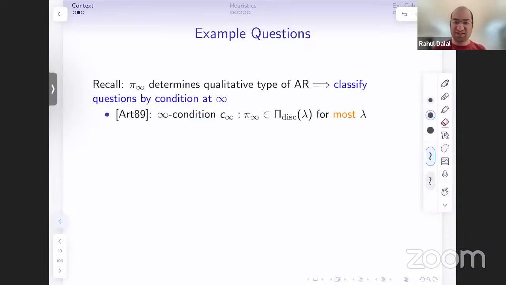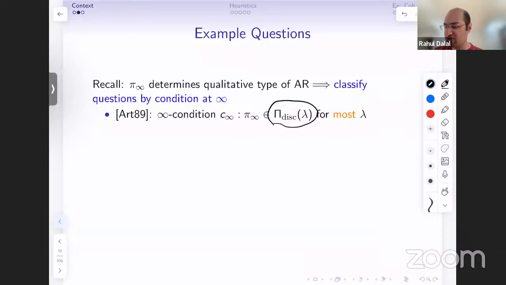Just to remind you again, in this Arthur '89 paper, this particular trace formula for discrete series at infinity, remember the discrete series were classified into these things called L-packets, finite sets parameterized by finite dimensional representations of the group at infinity. Our condition at infinity was that the component at infinity was contained in this particular discrete series L-packet.